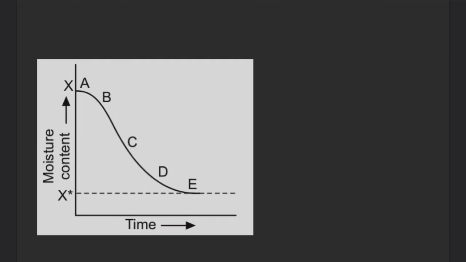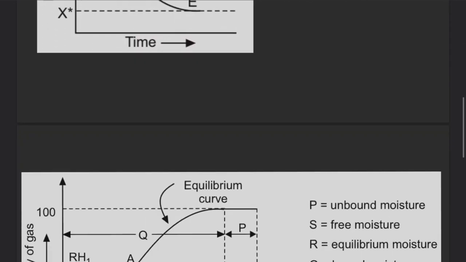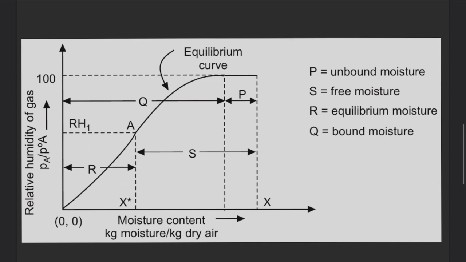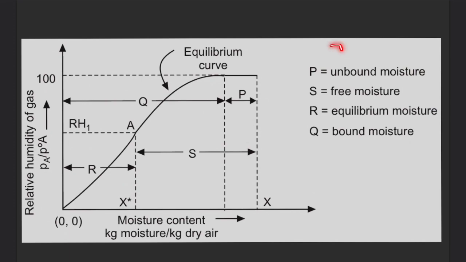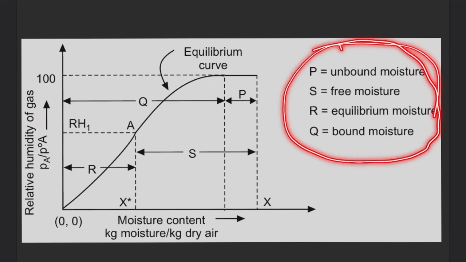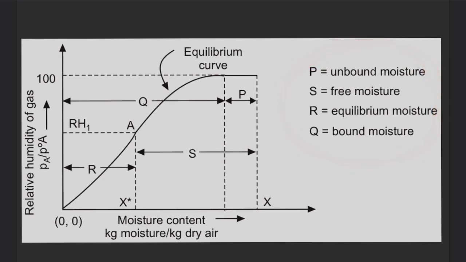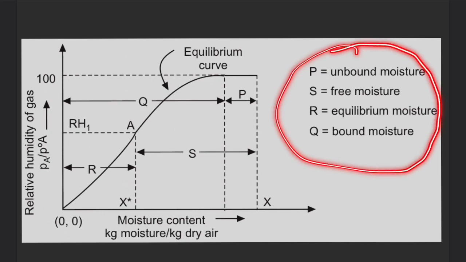Now let us move to the next graph, which is relative humidity versus moisture content. This is also a very important graph, because we have these terms here, and we need to be clear on them, because these terms are very basic and fundamental whenever we consider drying.